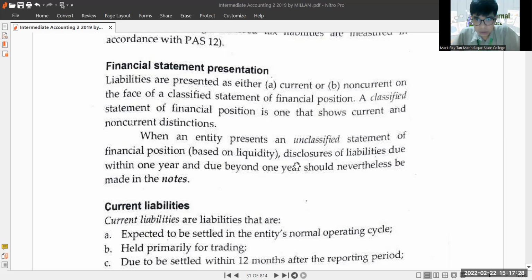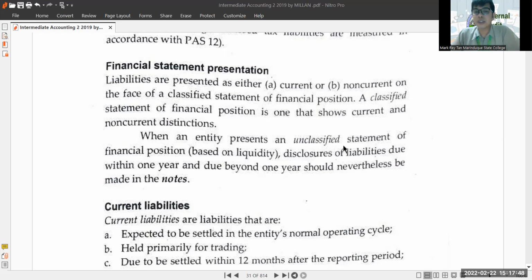Please take note that disclosures of liabilities due within 1 year and due beyond 1 year should nevertheless be made in the notes. Because in a classified presentation, you can immediately see whether liabilities are current or non-current.